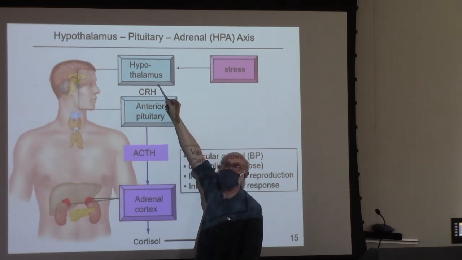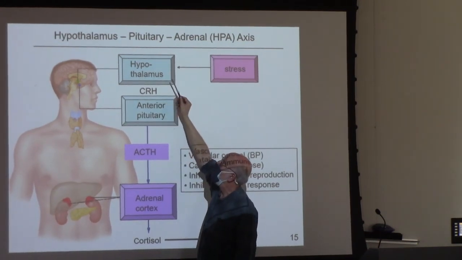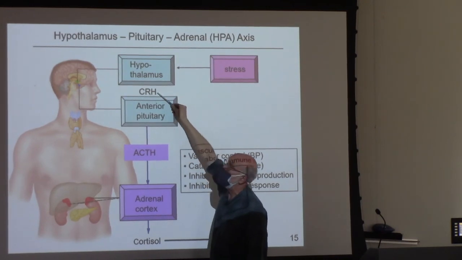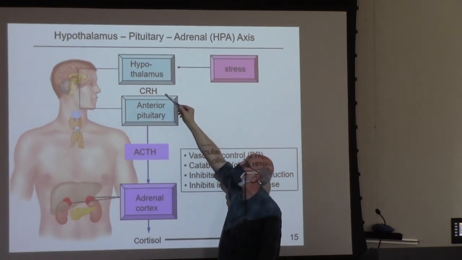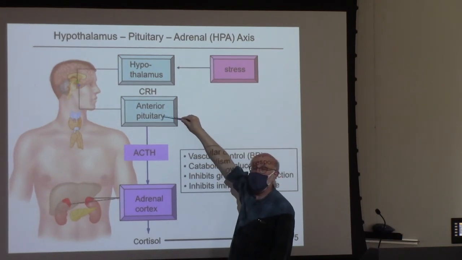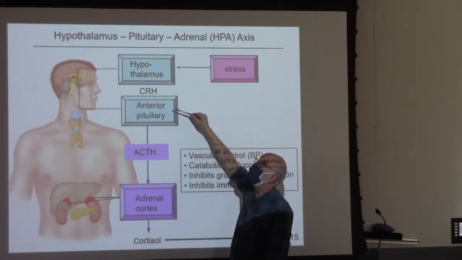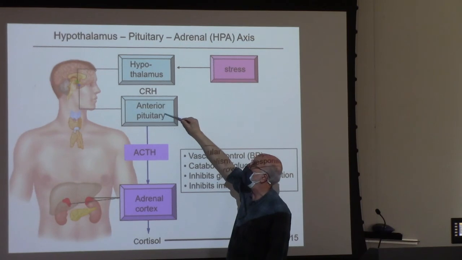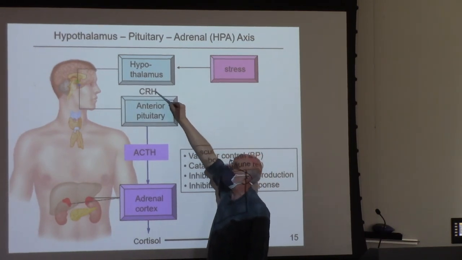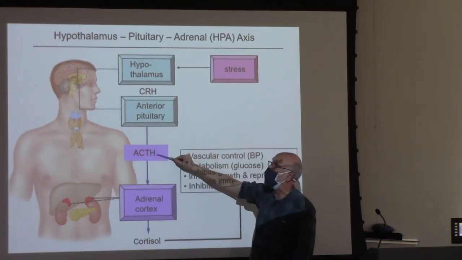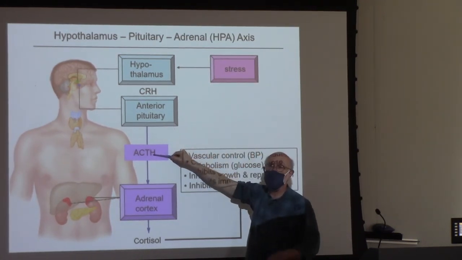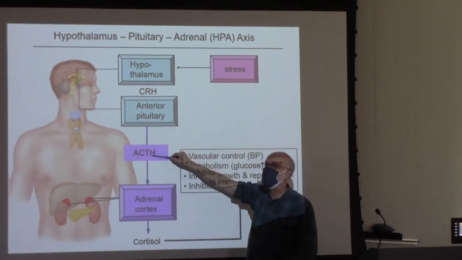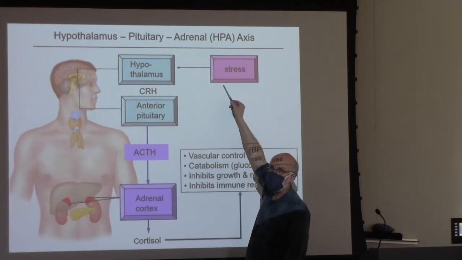The hypothalamus is connected to you as part of your brain. The hypothalamus releases CRH. At least some of the hypothalamic neurons release CRH. The corticotropes of the anterior pituitary express the CRH receptor and release ACTH. So ACTH is part of the stress response, physiological and psychological stress.